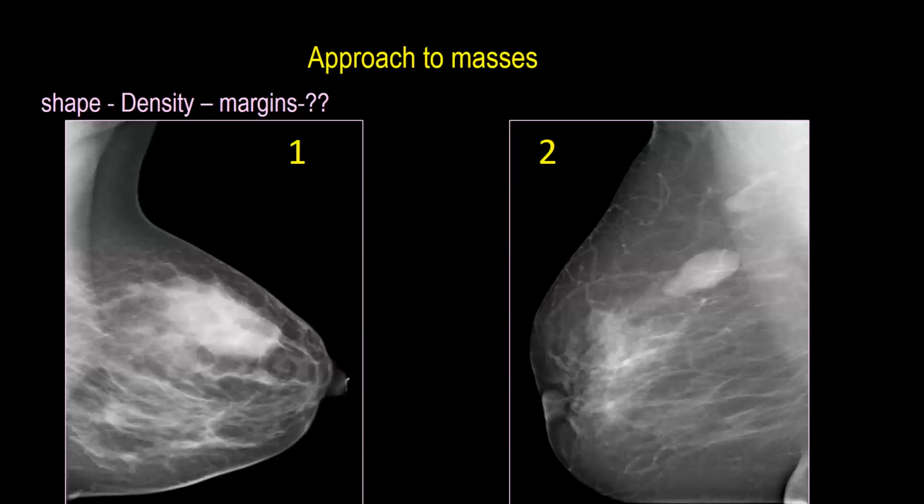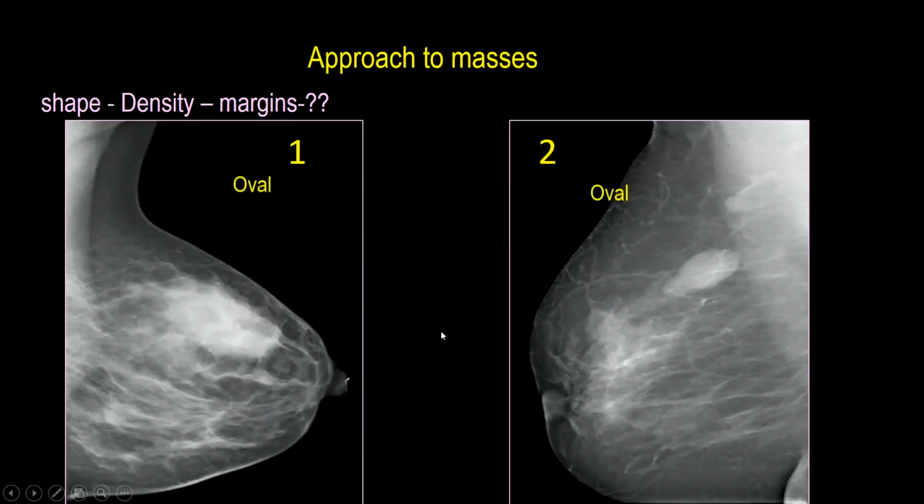Number 1, equal density. Okay, if I ask you to compare the two regarding the shape. Irregular shape, oval shape? This is not irregular; this is also oval.